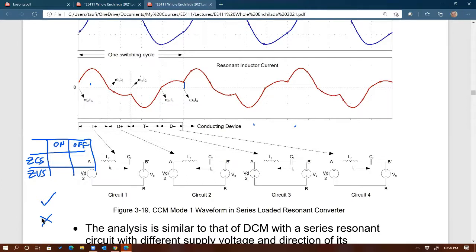Yes, because if you look at D plus, at T0 minus and T0 plus, right there you can see that T0 plus is not zero. T0 minus is, but T0 plus is not zero. You can see that's a step right there, right? So because T0 plus is not equal to 0 amps, it's not zero current switching at turn on.